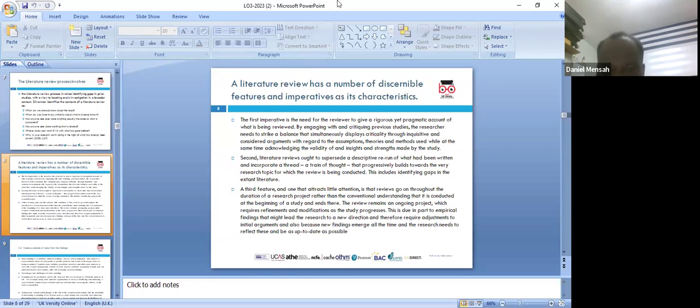Now, it's therefore imperative that a reviewer gives a rigorous yet pragmatic account of what is reviewed.